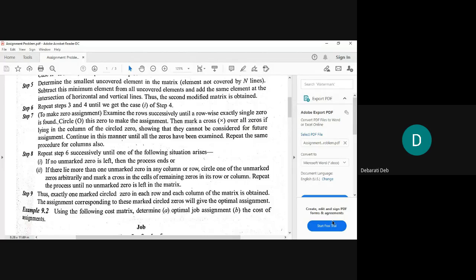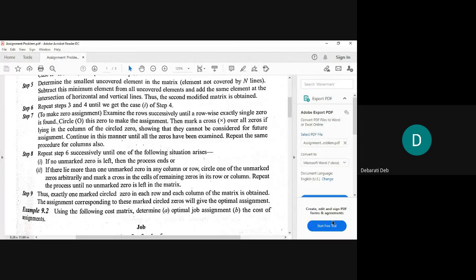You have to examine the rows successively, that means one by one, minutely, until a row-wise exactly single zero is found. What does this mean? You have to go on examining the rows until you get a row which has exactly a single zero.